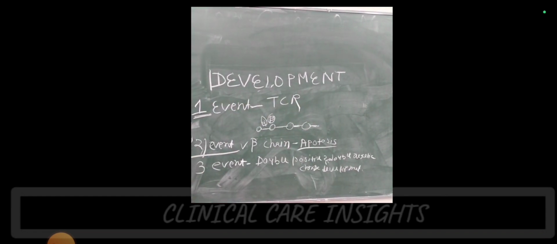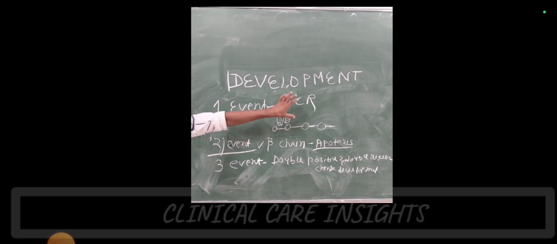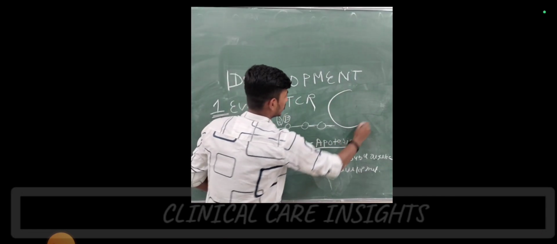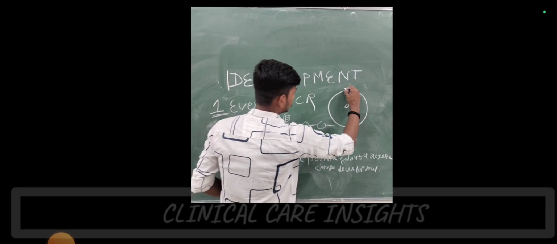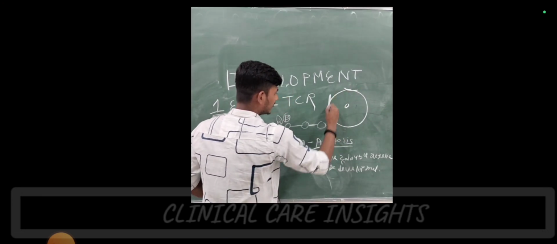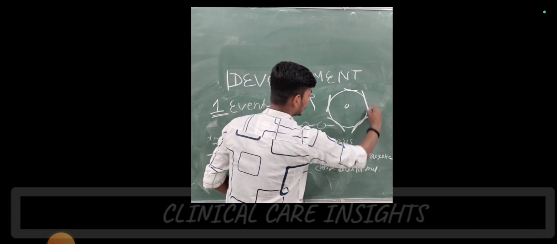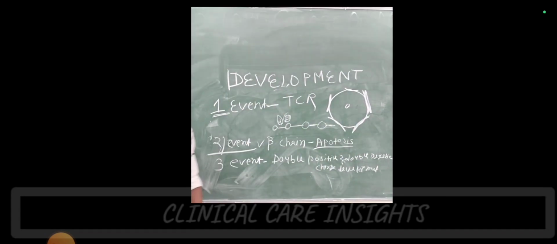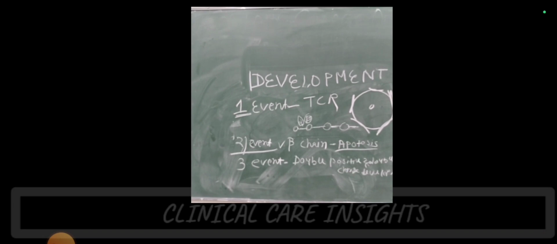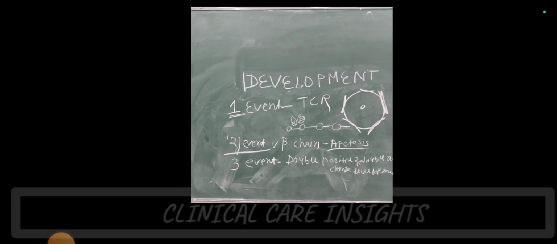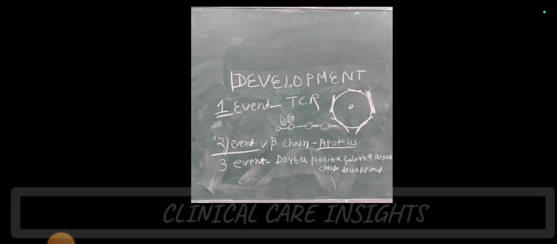Double positive and double negative charges are developed on the surface of the T cell. They are called CD4 and CD8, and CD25 and CD44.